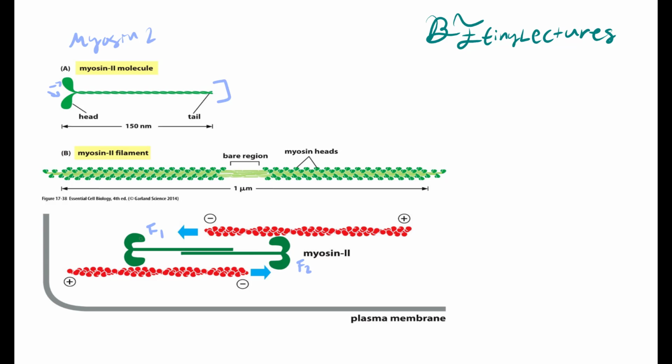This portion right here is going to go to the positive end, and this portion right here is going to go to the other positive end. Notice that these myosin heads are separating from each other. One is going towards the left, and one is going towards the right. This causes a contraction. It's kind of like tying a knot and then pulling the strings apart from each other. When you do this, the knot will contract and become tighter.